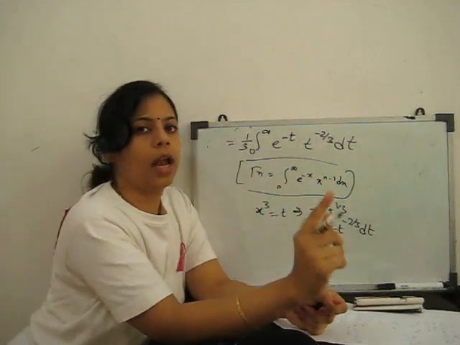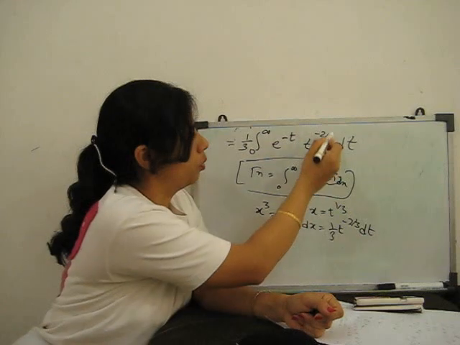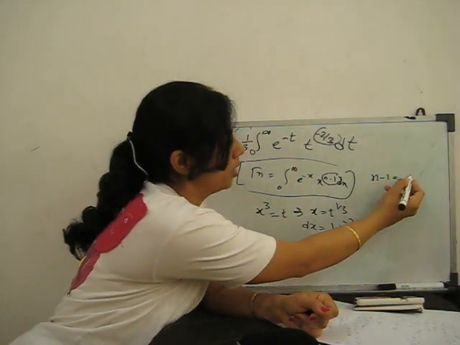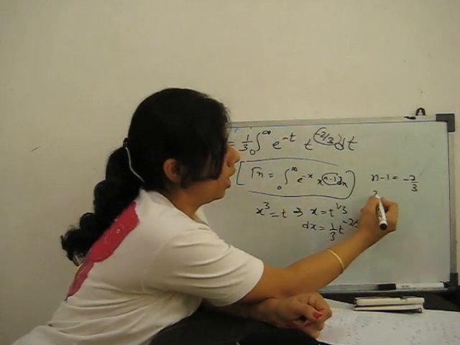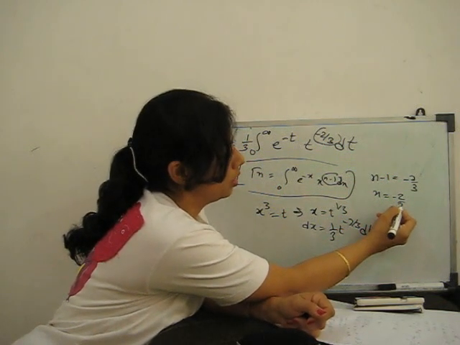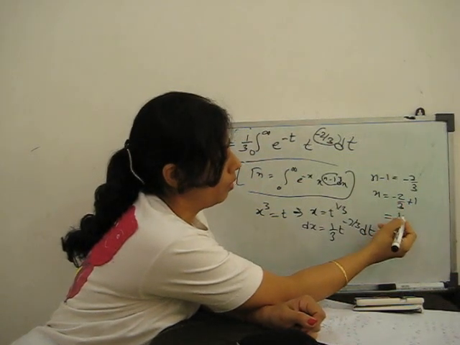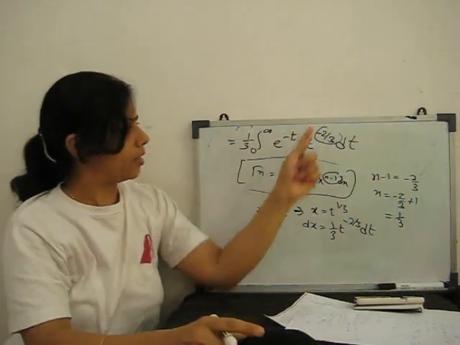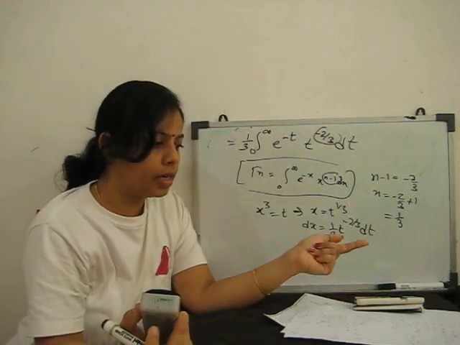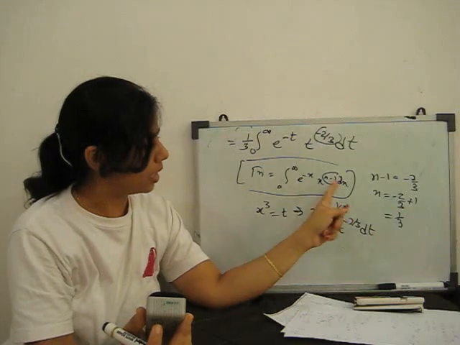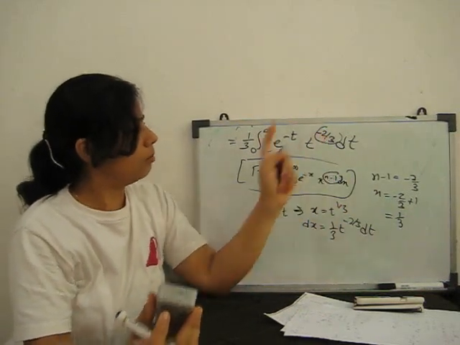Now you compare e to the power minus x, x to the power n minus 1. What is our n? How do you find it? You just put n minus 1 equal to minus 2/3. So n is minus 2/3 plus 1, which gives 1/3. So we rewrite n minus 1, where n is 1/3, as 1/3 minus 1.